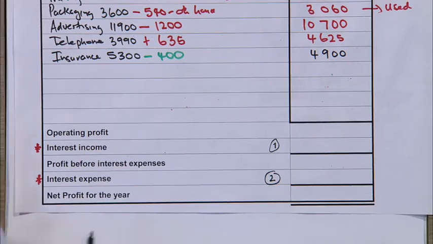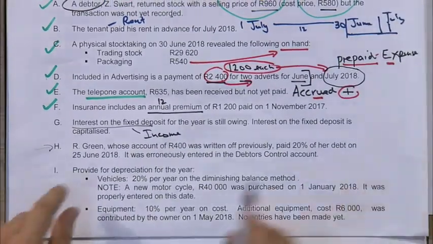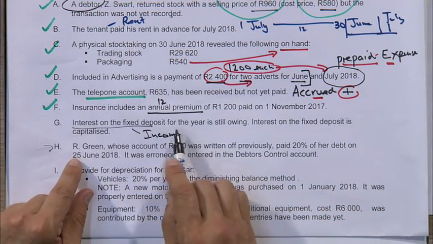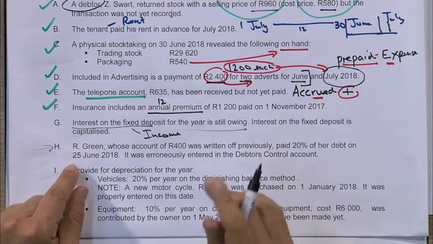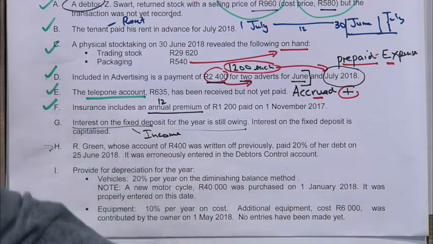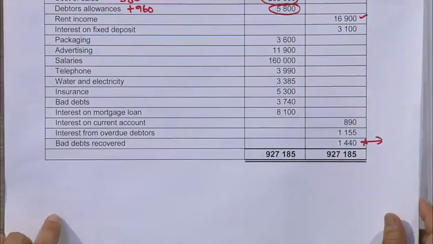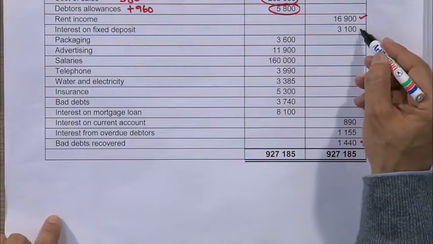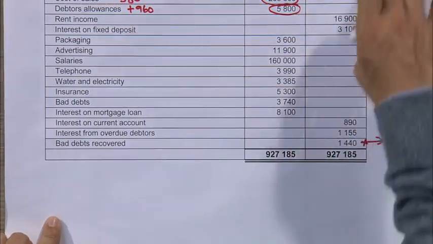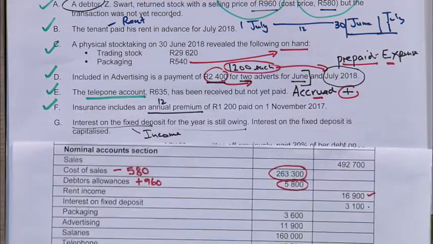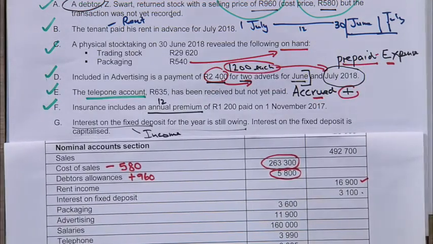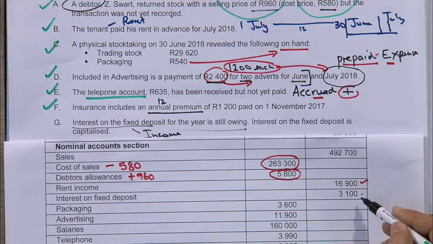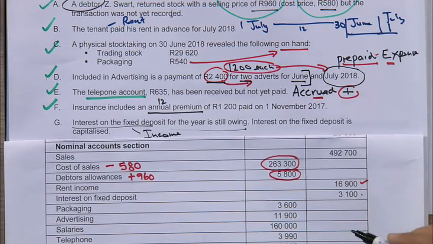So what does the adjustment say? It says interest on fixed deposit for the entire year is still owing, which means we haven't received any interest on fixed deposit. Interest on the fixed deposit for the year is still owing. Although we have received interest, we haven't received all the interest.